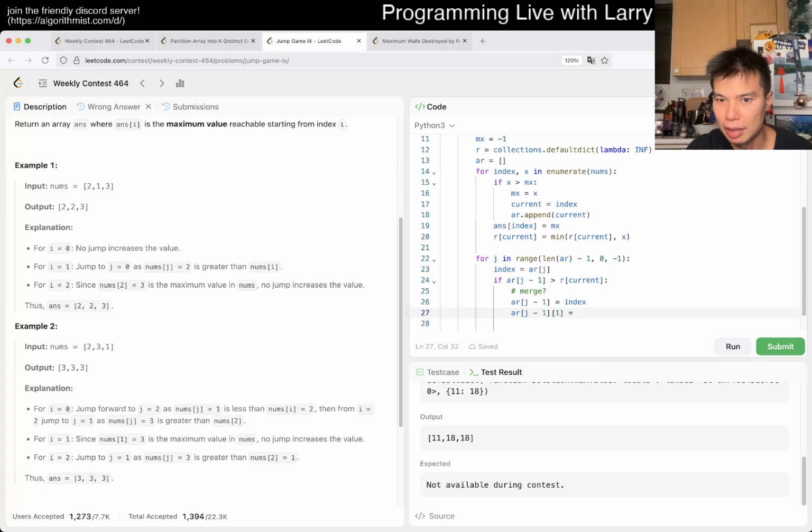If it's greater than that, then now I store this in a weird way. It's not current anymore, so that should be just index.